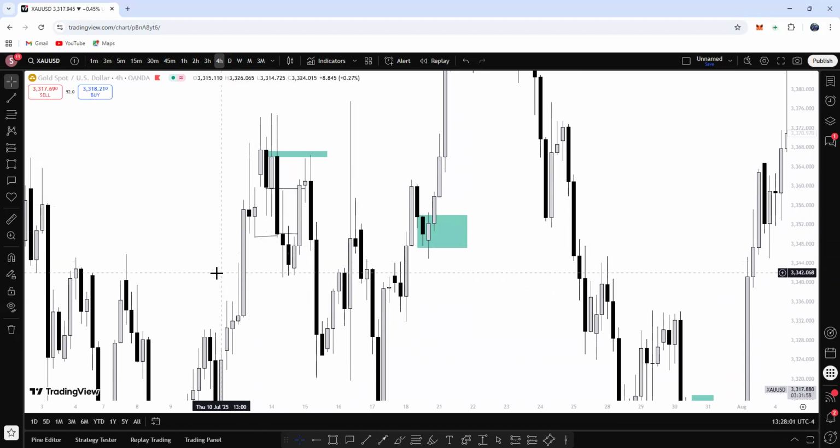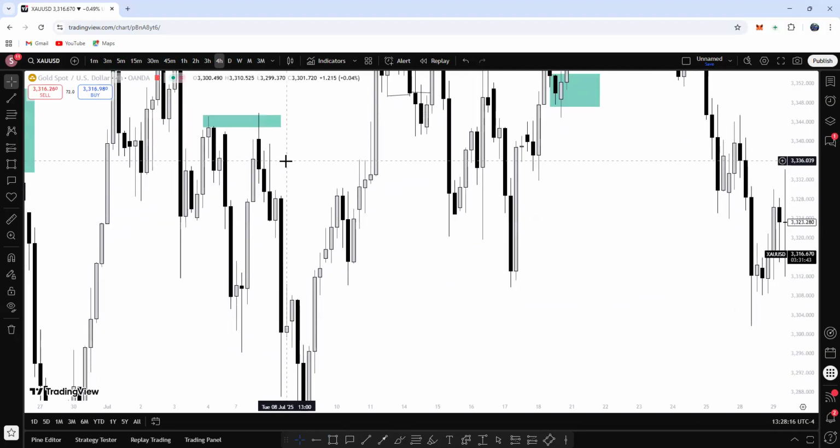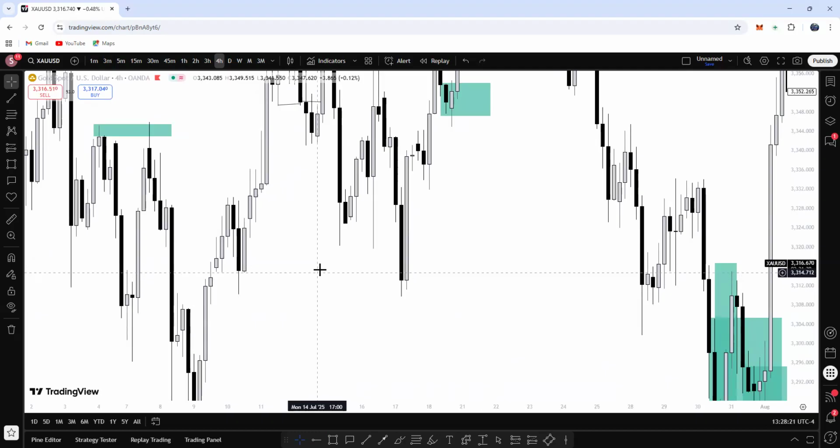Most times price loves classic SNR levels a lot. Also here, we have another classic SNR level. You can look for your entry here on lower time frame also. Here, this is another classic SNR level.